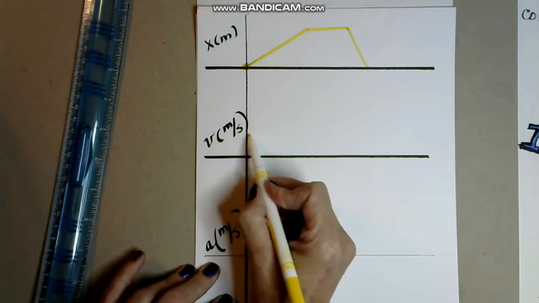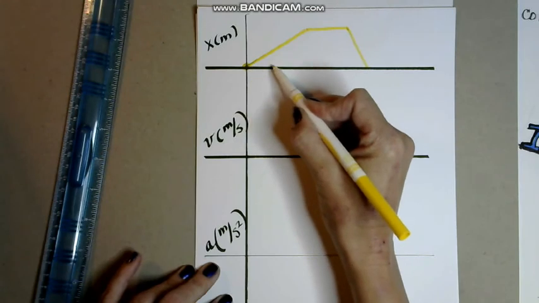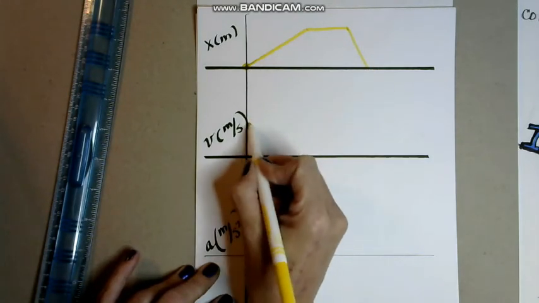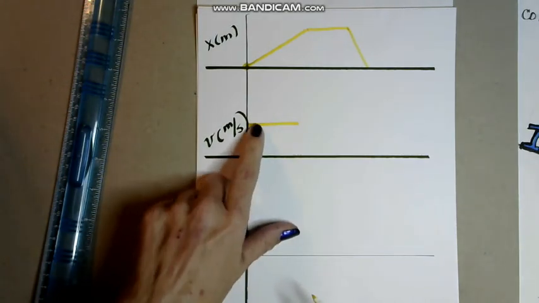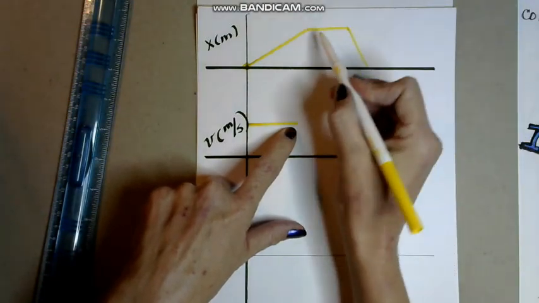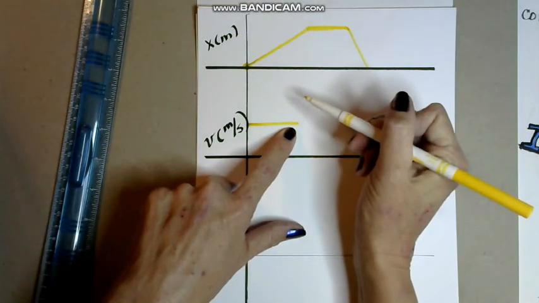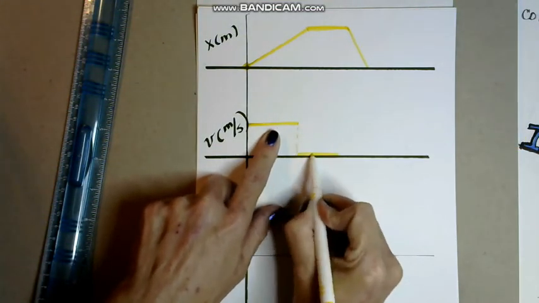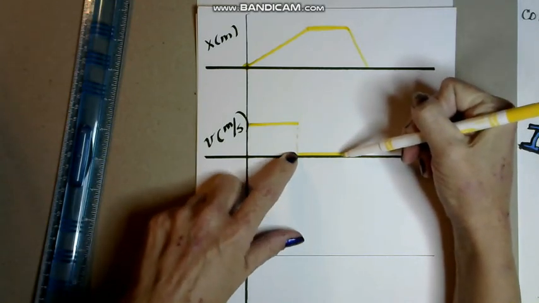All right, so initially I take the slope of this line and put it here. Let's say that this looks like a 1-to-1, so I'll say it's a 1. For this time period, I have a 1 velocity. What's the slope of this horizontal line? Stop, insert question. It's 0. Right, from here to here, the velocity is 0.